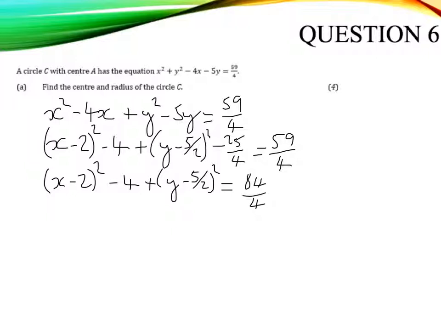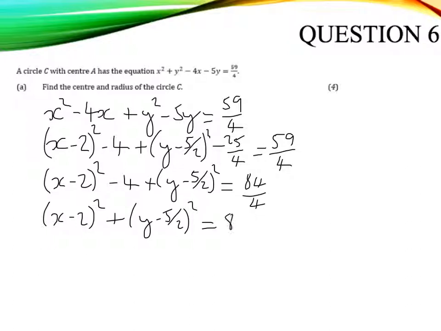Now, remembering again at this point, I can't just add 4 to the top. It doesn't become 88 over 4. We've got to turn 4 into a top-heavy fraction first. So we end up doing this. So we've got x minus 2 squared plus y minus 5 over 2 squared. Don't worry about the 4 just for a second.